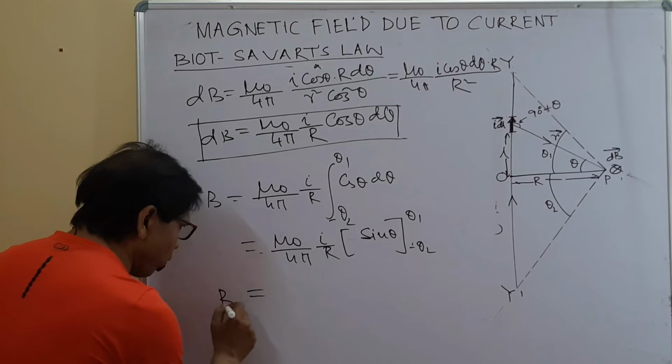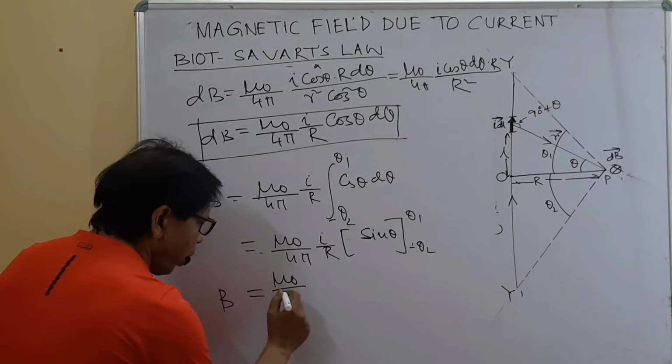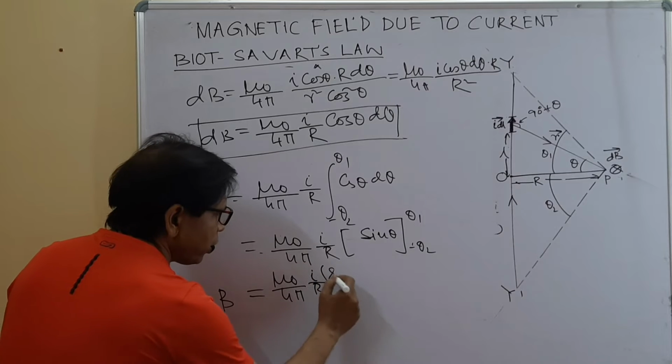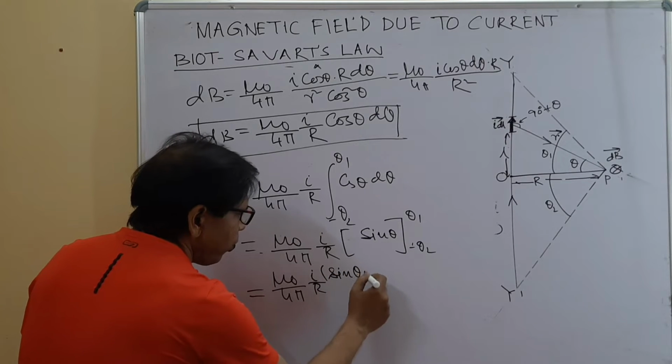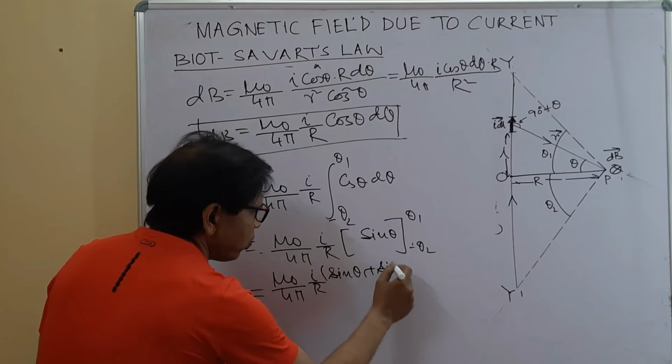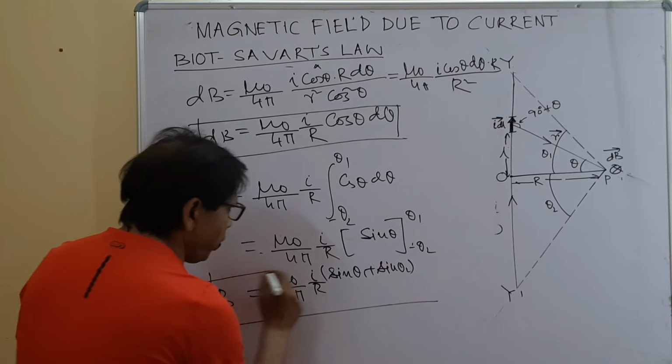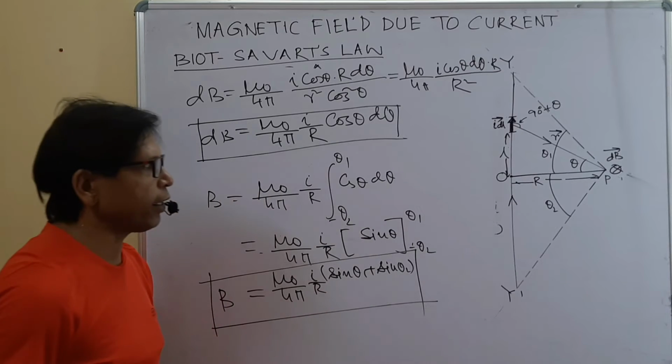So B equals μ0 by 4π, I by capital R, into (sin θ1 plus sin θ2). This is the magnetic field at the point P due to the whole conductor.